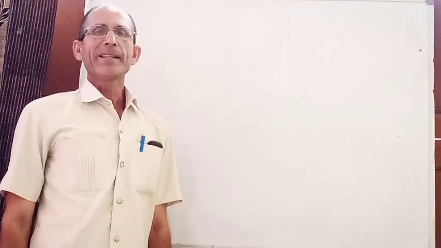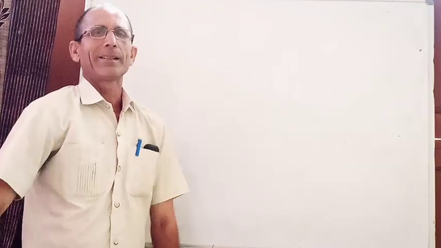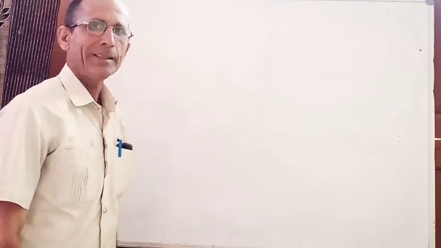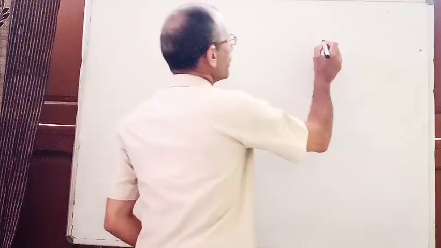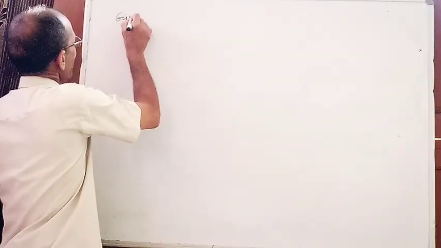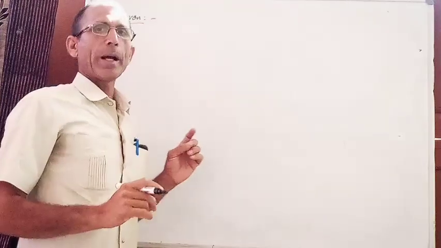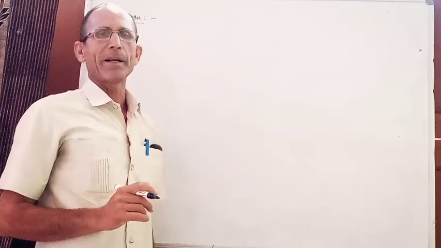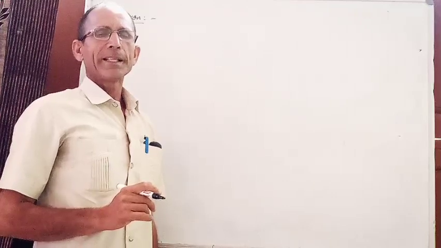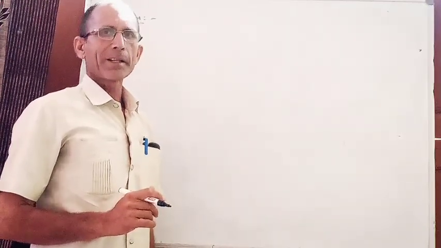If two parallel lines are intersected by a transversal, then prove that alternate interior angles are equal. So, given, first of all, given. The statement I have explained already.